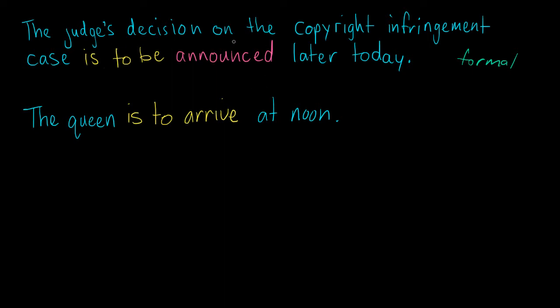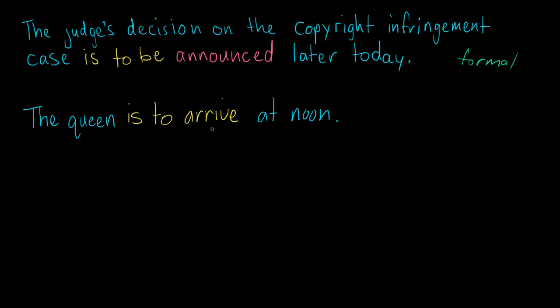"The judge's decision on the copyright infringement case is to be announced later today." So it's this structure here, "is to be". Now this is also passive. It's worth noting that this is passive. So "is to be", very formal, and then that will be followed by, in this case, the past participle because it is passive. Let's move to the next one.